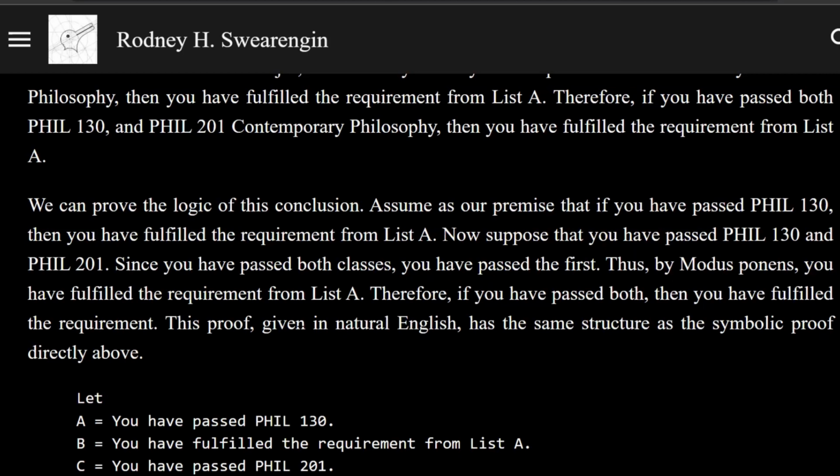Assume as our premise that if you have passed Philosophy 130, then you have fulfilled the requirement from list A. That's just what the requirements say.